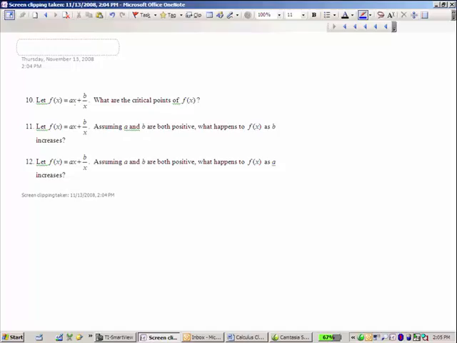What is that called? The rational function? So it looks like a combination of a linear and rational, something over x. So I've got to figure out what I can tell about this family of functions. So I know that it's equal to ax plus b over x, and the question asks, what are the critical points? All right, critical points.